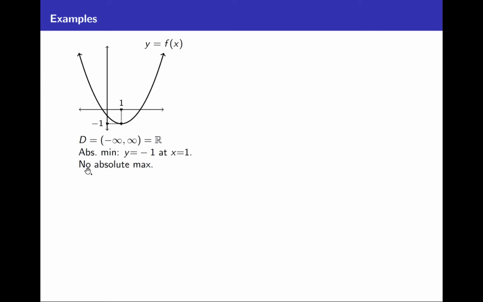Notice that in this example, there is no absolute max. Whatever c you pick, and you look at f of c, you can always go higher than that on this graph. So there's no way to get to a highest point. It just goes to infinity. So no absolute maximum.